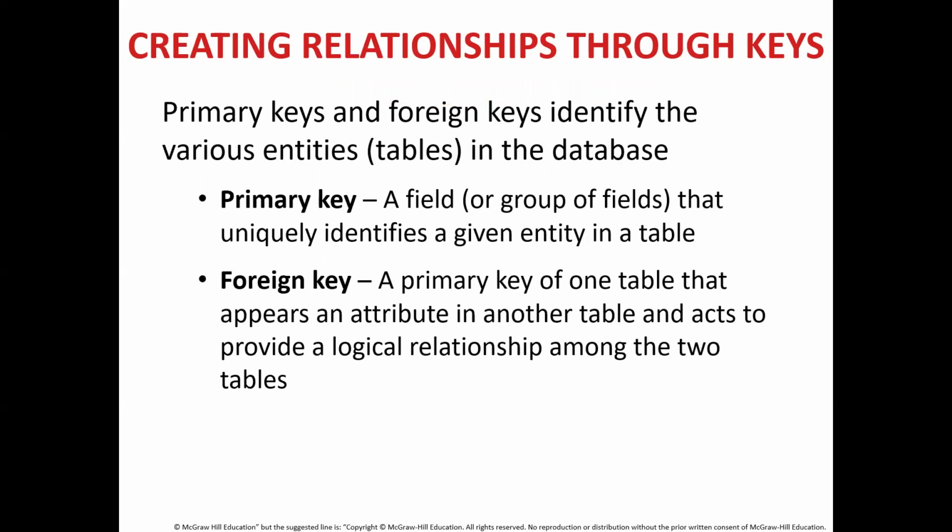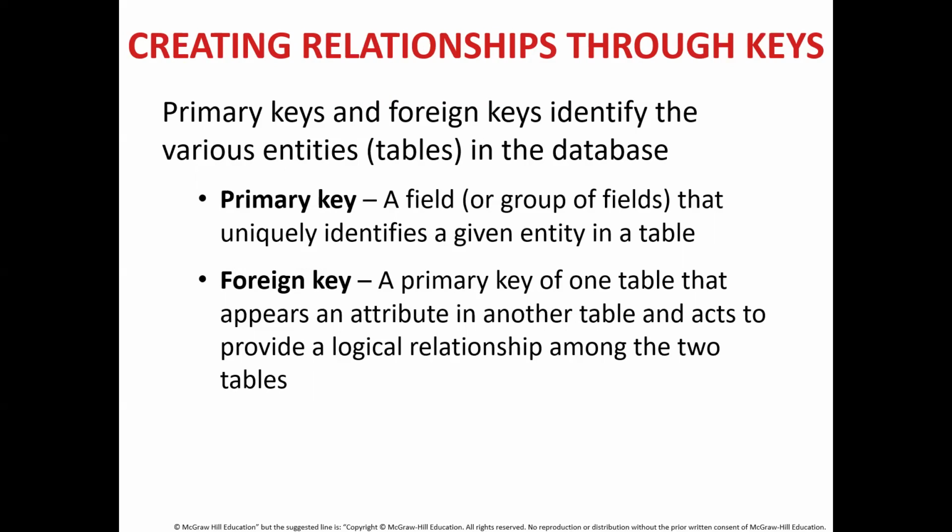Creating relationships through keys. This refers to how to form relationships in databases using tables with the use of attributes and entities. Primary keys and foreign keys identify the various entities, tables in the database. Primary key: a field or a group of fields that uniquely identifies a given entity in a table.